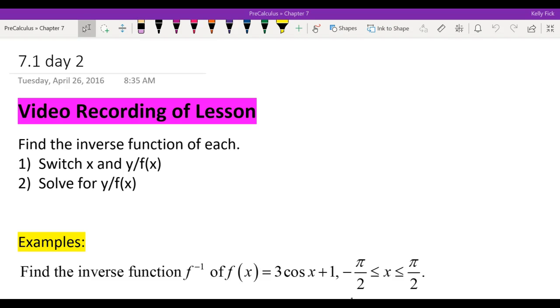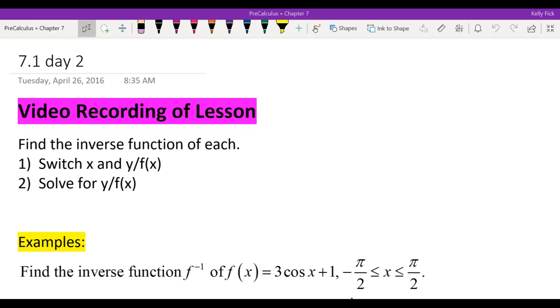Before you go any further, what I like to do is always find the domain and range of the initial function, okay? That way I automatically have the domain and range of the later part. So if we have 3 cosine of x plus 1, what does the 3 do to our function?